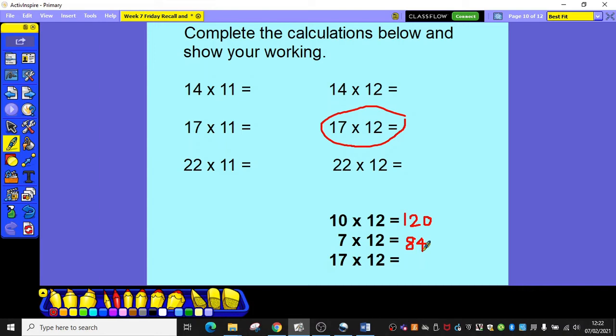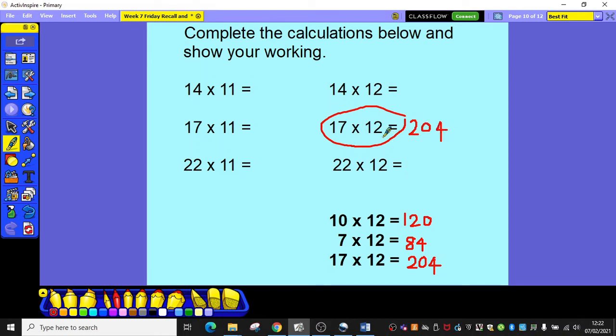It's worth doing that double check. So obviously I know that 5 times 12 is 60. Add another 24 gives me my 84. So adding these two numbers together, I've got 204. Okay, 120, add 80 is 200, add the 4, 204. So 17 lots of 12 is 204.